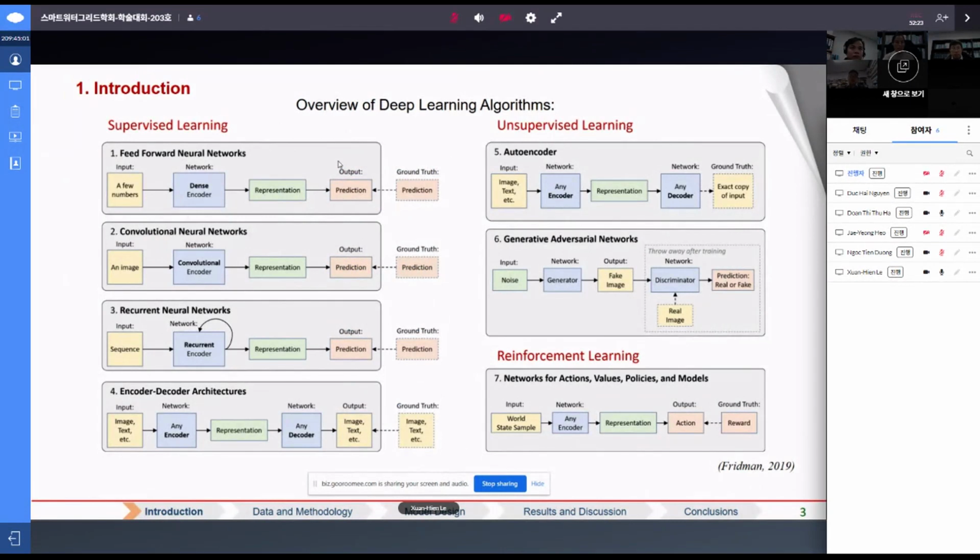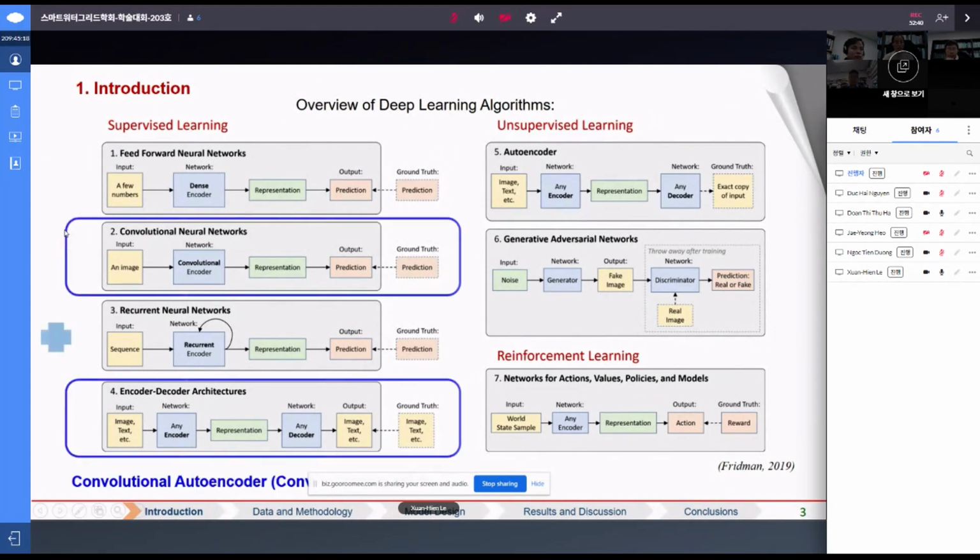Deep learning algorithms are divided into three categories: supervised learning, unsupervised learning, and reinforcement learning. Most hydrology problems belong to supervised learning.